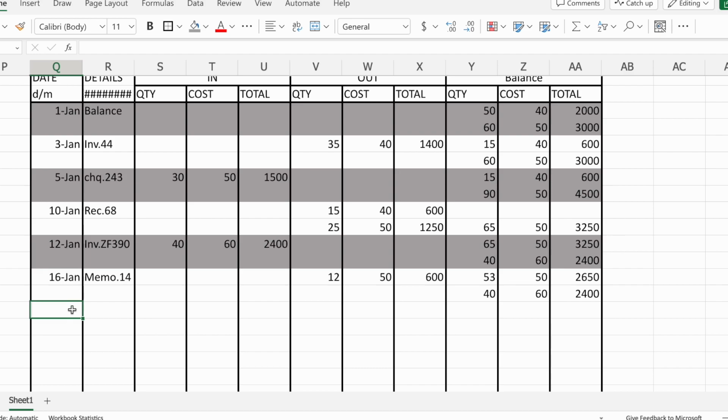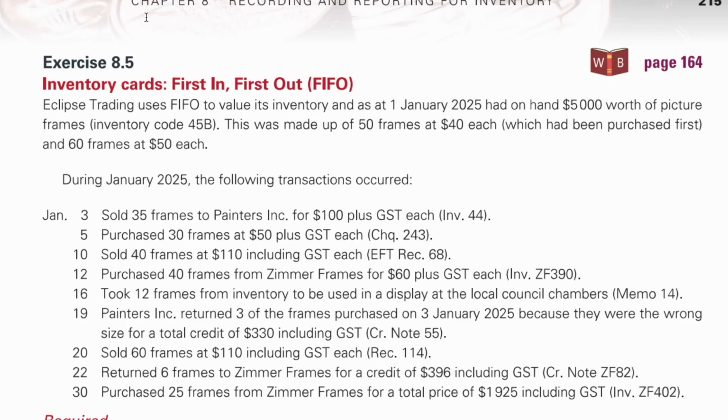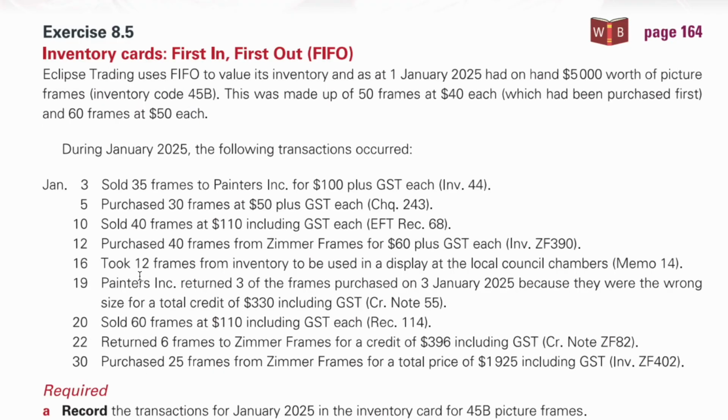We'll go to the next transaction now, which is on the 19th. Painters Inc. returned 3 of the frames purchased on 3rd of Jan because they were wrong. So an external business returned it to you. That's a sales return, so that's recorded on a credit note.